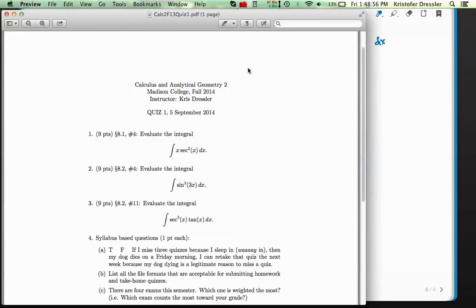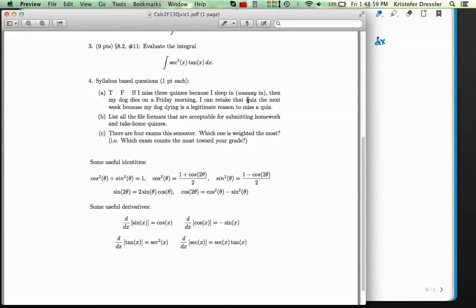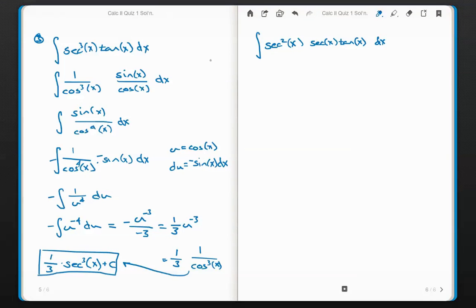Because I was kind enough on the quiz to give you guys, oh look, the derivative of secant is secant tangent. So if I say u equals the secant of x, du equals secant x tangent x dx, well, that's really convenient for me because I've got this thing right there.